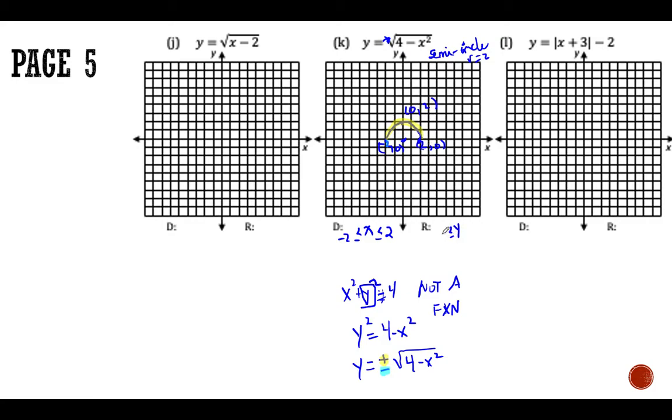So isn't the lowest y 0 and the highest y is 2? Semicircle. Again, I've alluded to this before. We're going to take this semicircle and spin it around an axis and create a three-dimensional shape. Alright, so I apologize for leaving that off of the previous video.